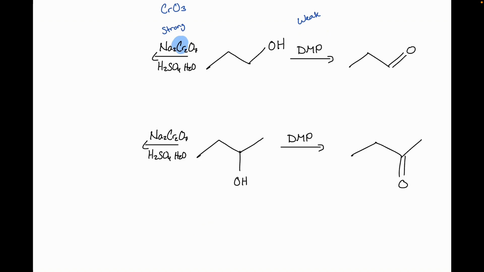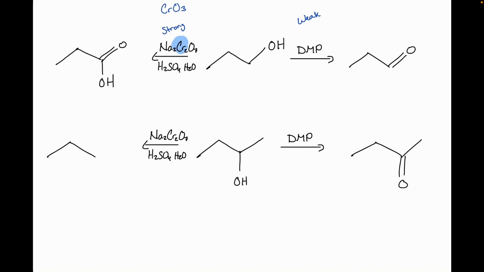Okay? With our strong oxidizer, if we have a primary alcohol, we get a carboxylic acid. What do we get with our strong oxidizer and a secondary alcohol? Do we get a carboxylic acid? No, we just get that ketone again.